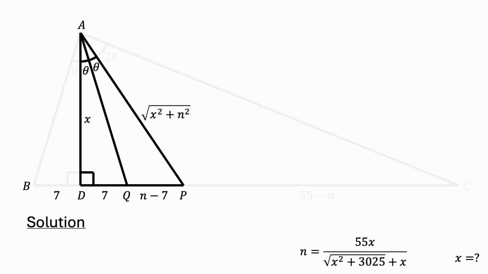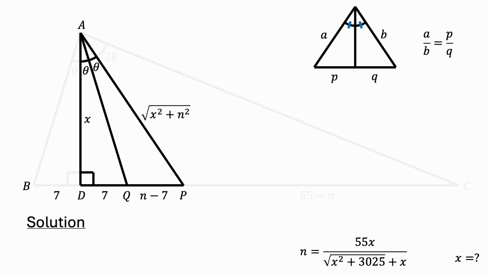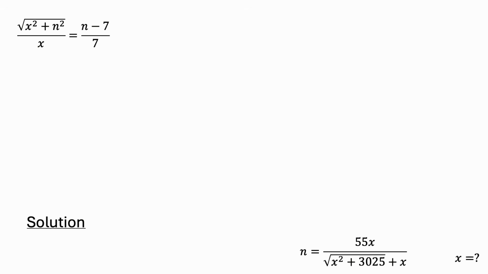Finally, consider triangle ADP and angle bisector AQ. Applying the angle bisector theorem, we have square root x squared plus n squared over x equals n minus 7 over 7. Cross multiplying gives 7 times square root x squared plus n squared equals nx minus 7x.